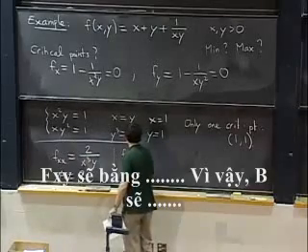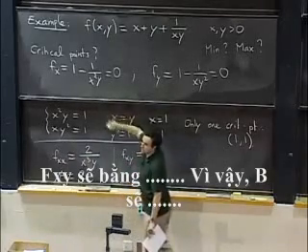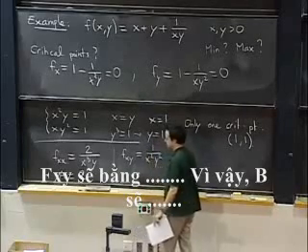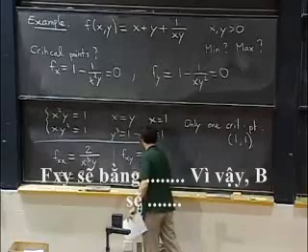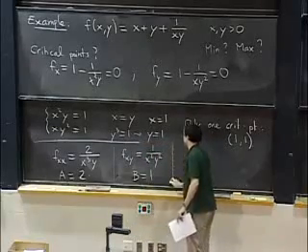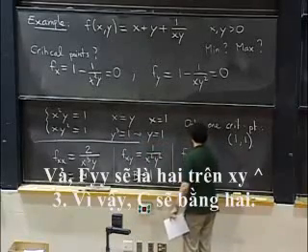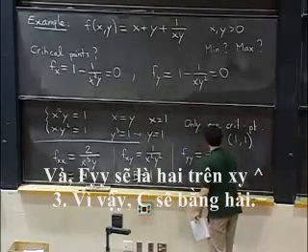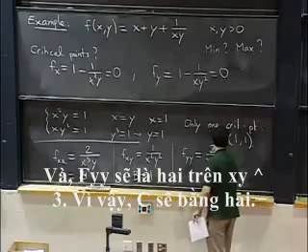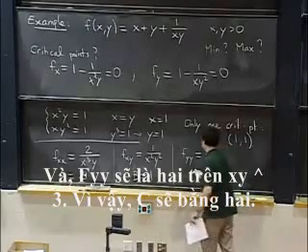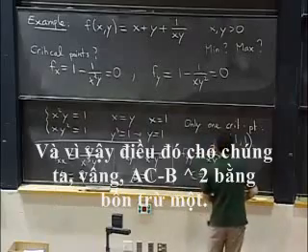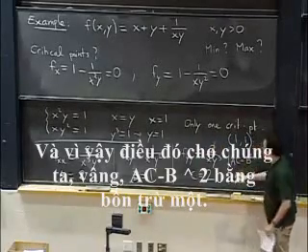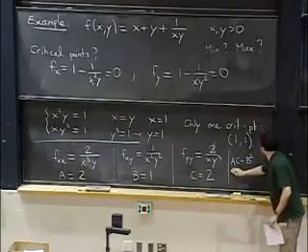F sub xy will be 1 over x squared y squared. So b will be 1. And f sub yy is going to be 2 over xy cubed. So c will be 2.